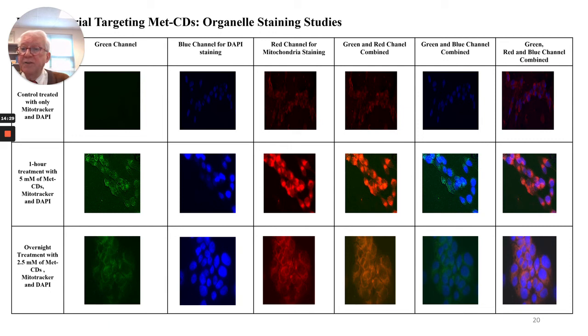And the same thing when we leave the cells overnight with 2.5 millimolar, so we reduce the concentration of metformin carbon dots, with the MitoTracker and DAPI. So we can see this is specifically staining mitochondria.